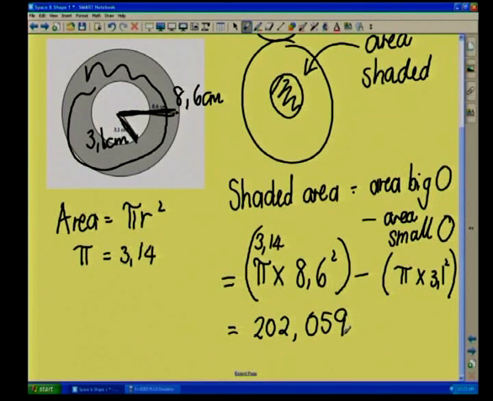That is my answer in centimeters squared.